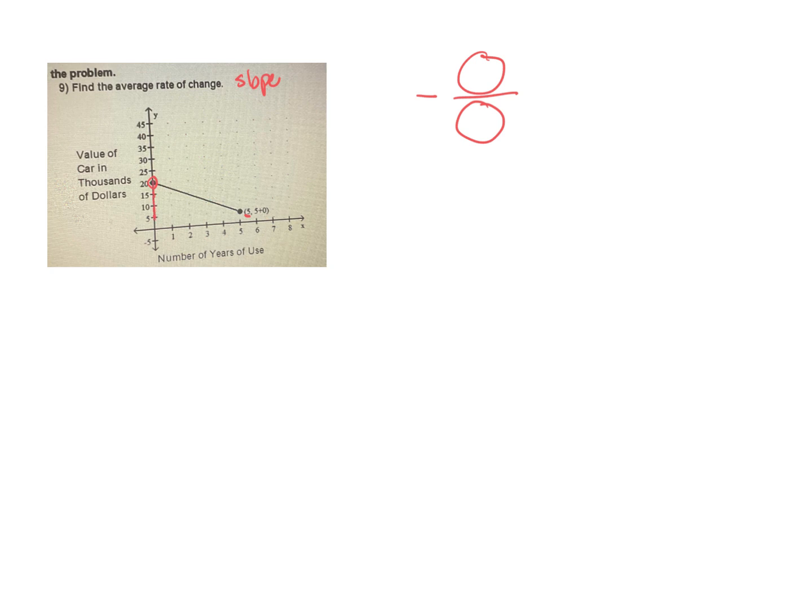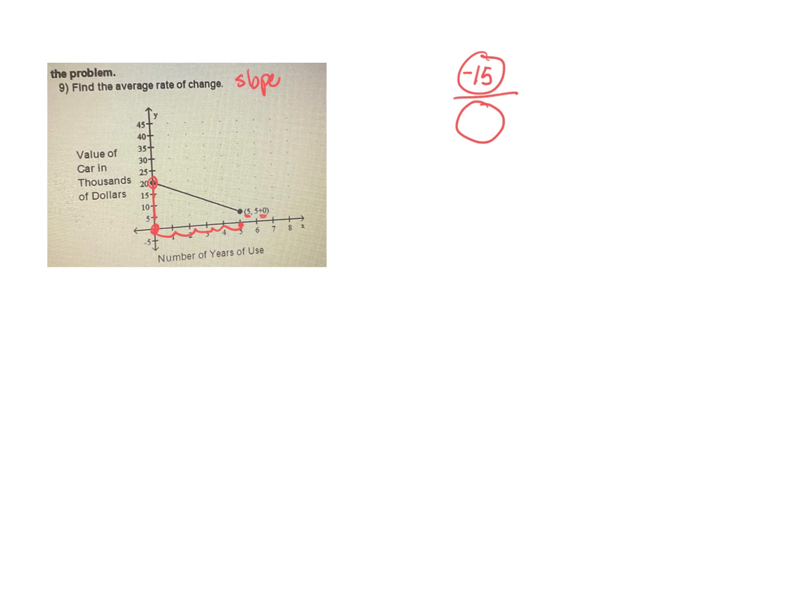Let me get rid of this negative sign here. I'll put the negative up here. So it's falling 15 units for every, now let's see how far it goes over. So it's 1, 2, 3, 4, 5 to the right. I'm not sure what this +0 means.